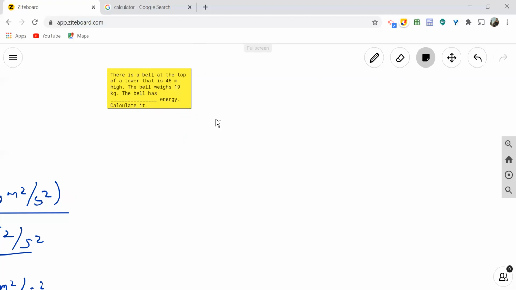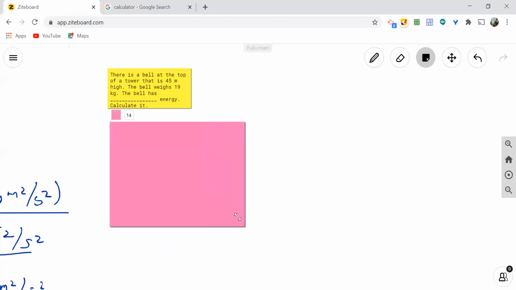At ang tower mula sa ground ay may taas na 45 meter. So, ibig sabihin, hindi naman gumagalaw yung bell at nasa taas lamang in position. Therefore, the bell has potential energy, specifically gravitational potential energy, and we need to calculate it.